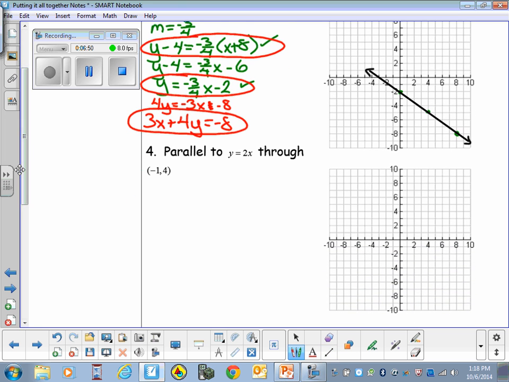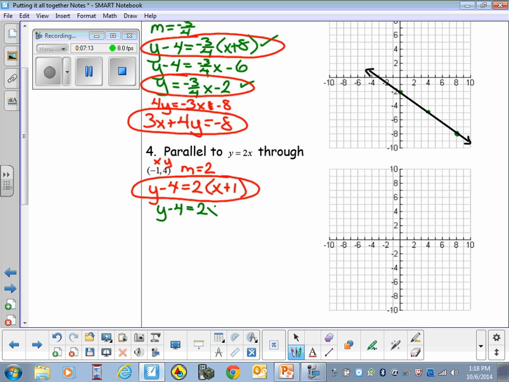Okay, for the next one, we're going parallel again, so that means my slope is going to be 2. So y minus 4 equals 2 times parentheses, x minus a negative 1, which is plus 1. Now for slope-intercept form, I'll distribute the 2 and add the 4 to both sides.